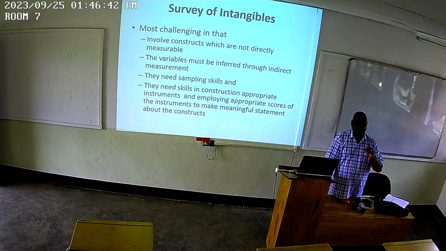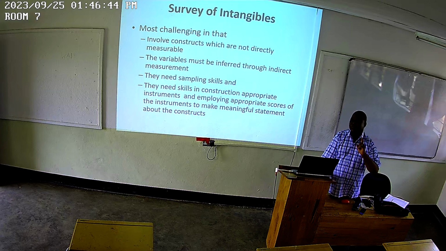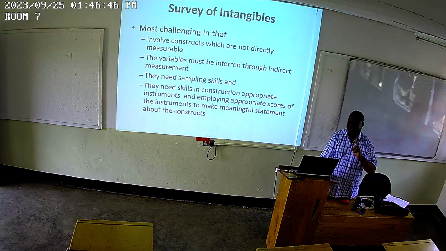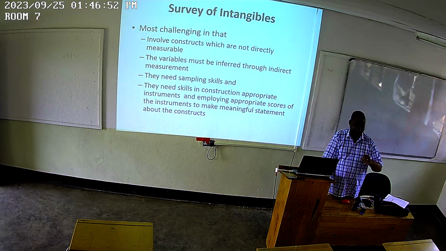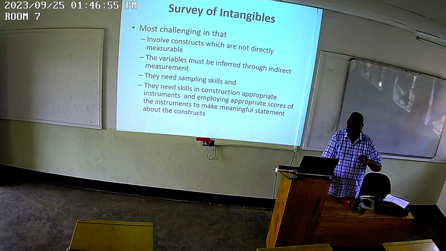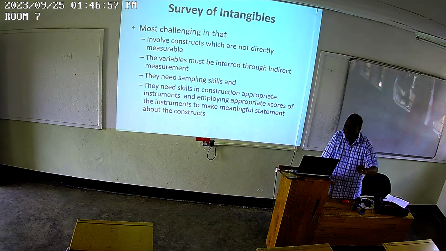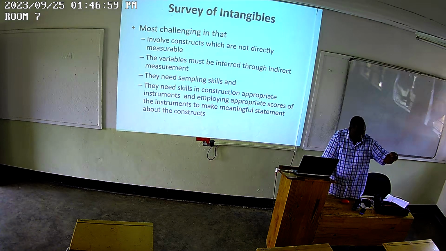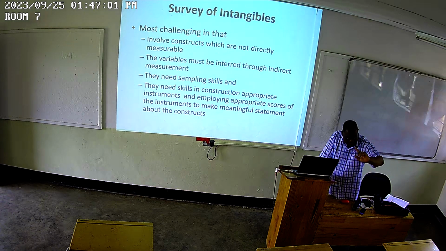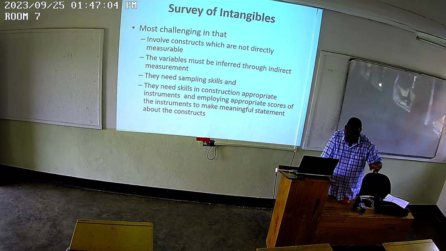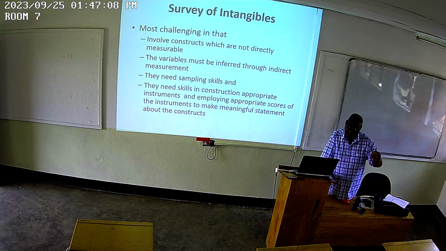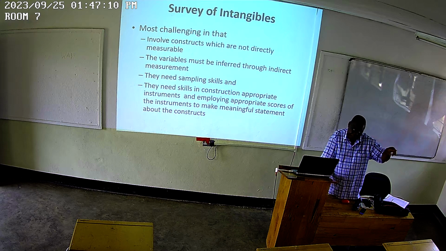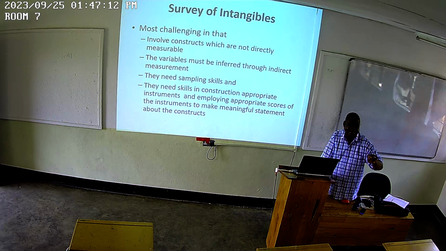By the way, that's one of the reasons why you will be given a supervisor to supervise your work. One of the things of dealing with the issue of validity is when you are constructing your questionnaire, don't just go out. Send it to your supervisor. Say, according to my proposal, is this the right questionnaire?